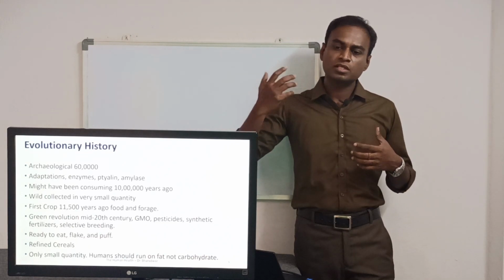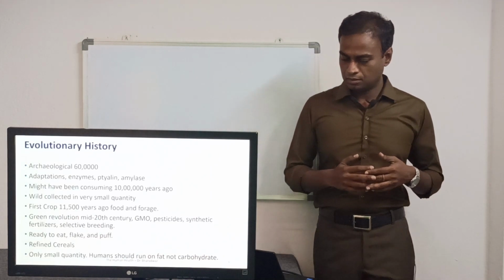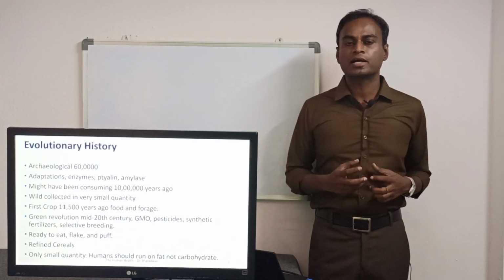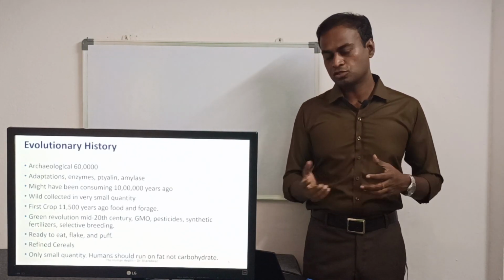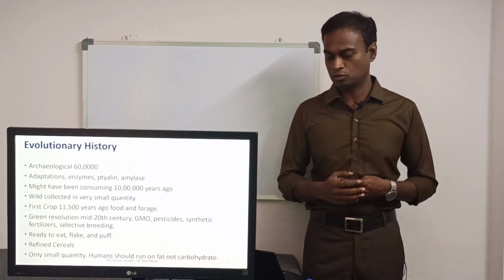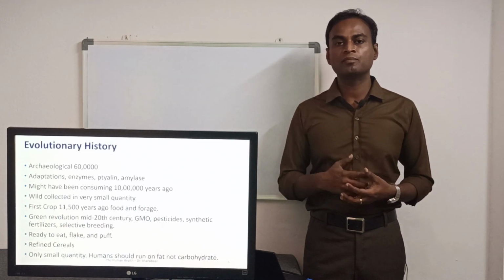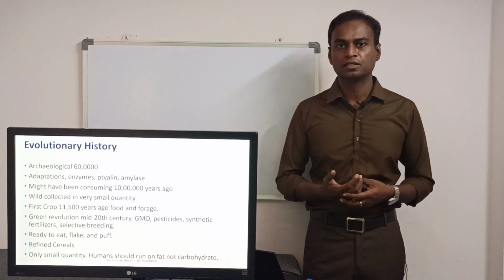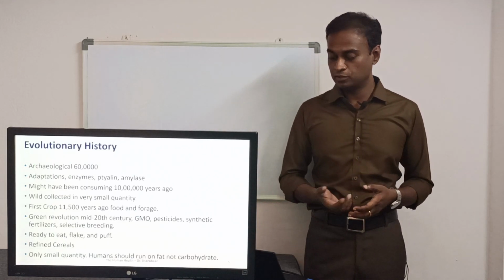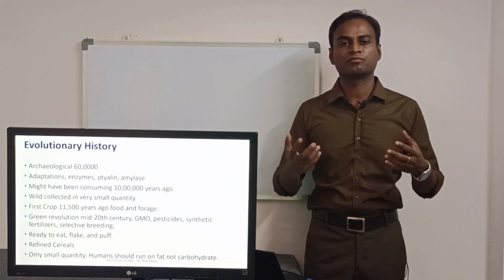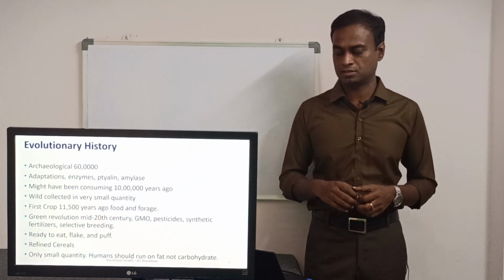So throughout history we have adaptations for consuming carbohydrates, but what happened was nowadays we are consuming it way beyond the required quantity. With the advent of the green revolution, much higher quantities for which we don't have adaptations.